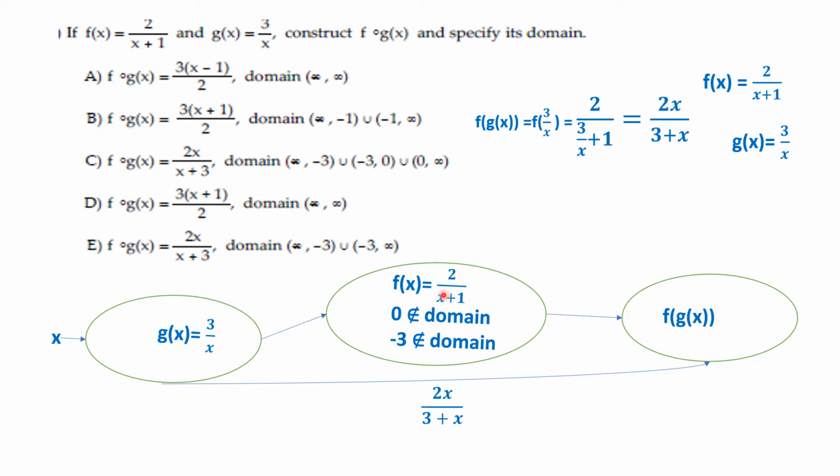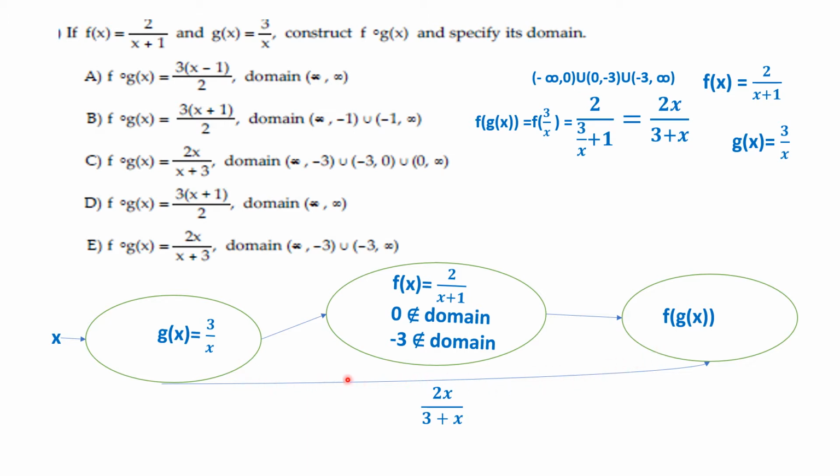So we can conclude that the domain is from negative infinity to negative 3, union negative 3 to 0, union 0 to infinity. That is the domain of g of x, which is also the domain of the composite function.